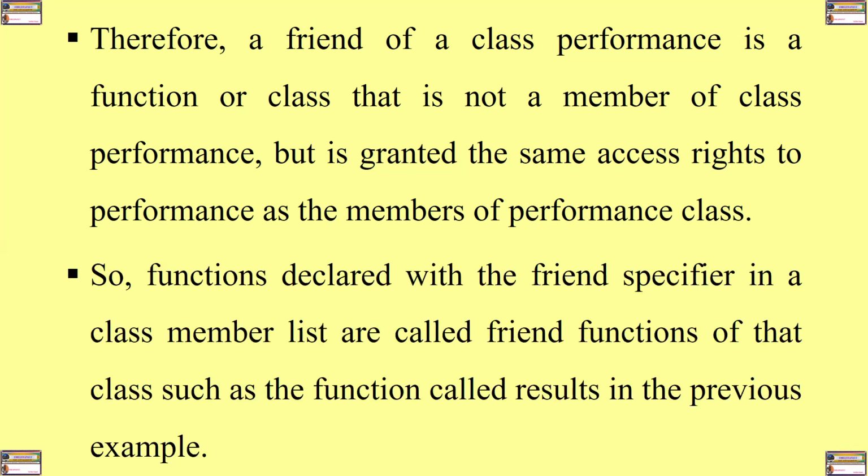So functions declared with a friend specifier in a class member list are called friend functions of that class, such as the function called results in the example I've already demonstrated.